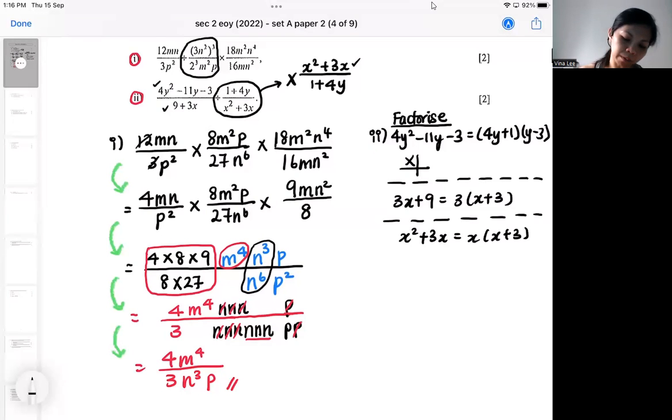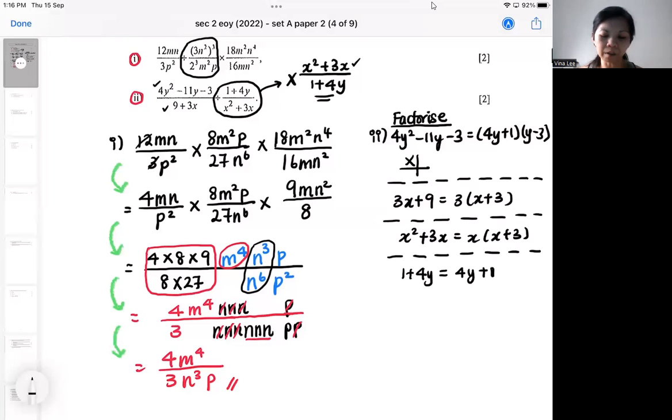So I got 3 factorizations already. The last one need not be factorized, cannot be factorized. But this one is actually the same as 4y plus 1. So this is not a factorization.